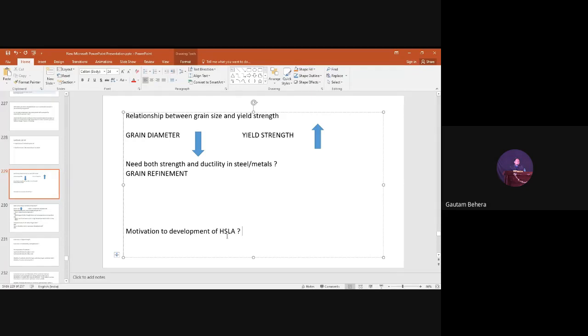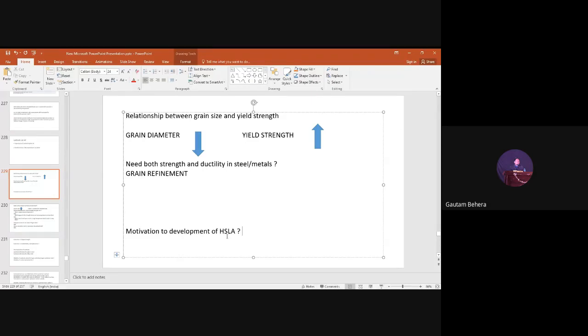What is the specific gravity of aluminium? It is 2.3 gram per centimeter cube. It is very minimum, but still it is higher.